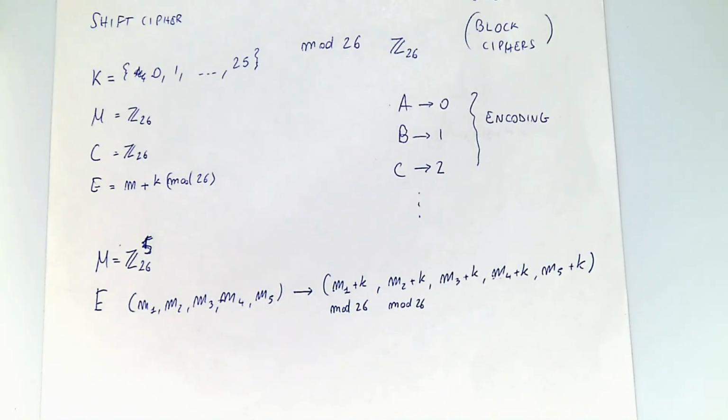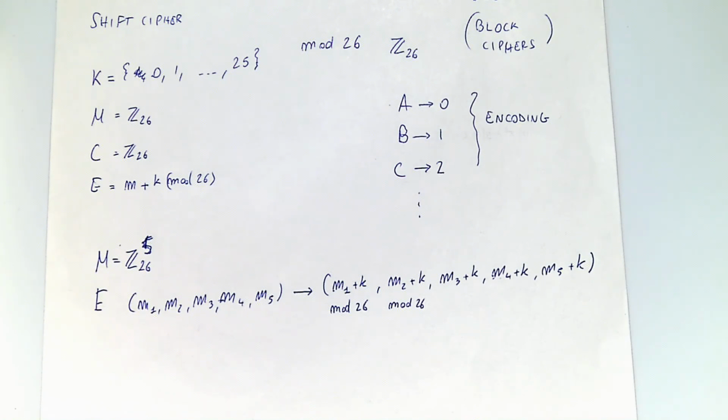So however long your plaintext is, you're going to have to split it somehow. In this case, it doesn't matter if I define my plaintext space as a single letter or as 5 letters or 10 letters. In any way, this is still well defined.